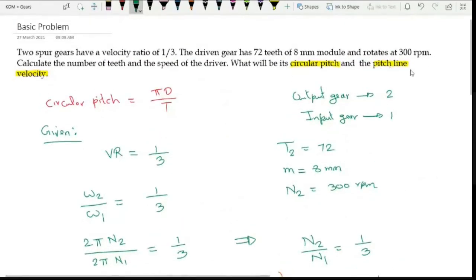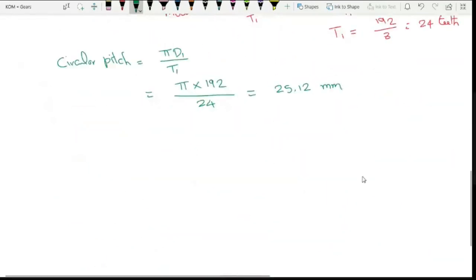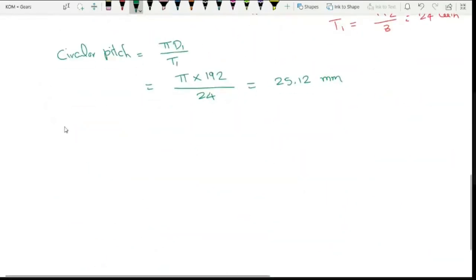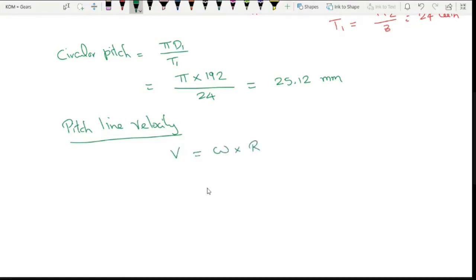So next, pitch line velocity. They are asking what is the pitch line velocity, right? This pitch line velocity V is omega into R. If I call V1, it is omega 1 into R1.